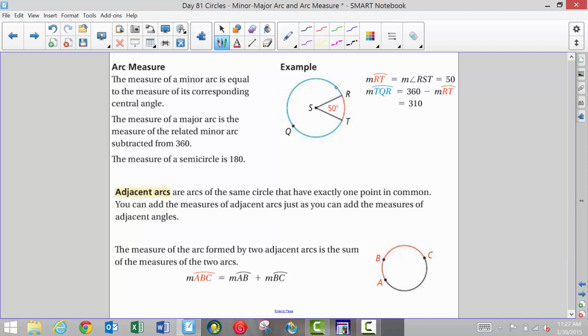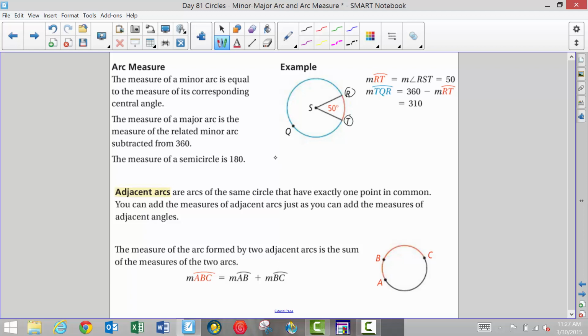So if I look at R and T, what's the degree measurement between RT? I'm not asking for the length of RT. I want the arc measurement, which is how many degrees does it take to go from R to T from the center of the circle? Well, it's 50 degrees.